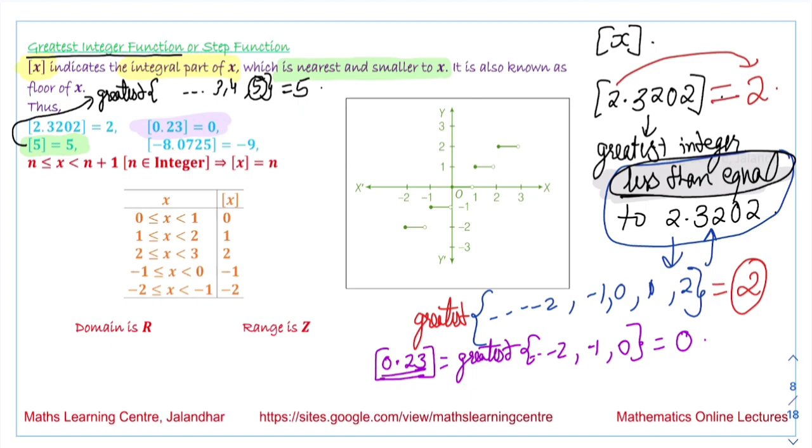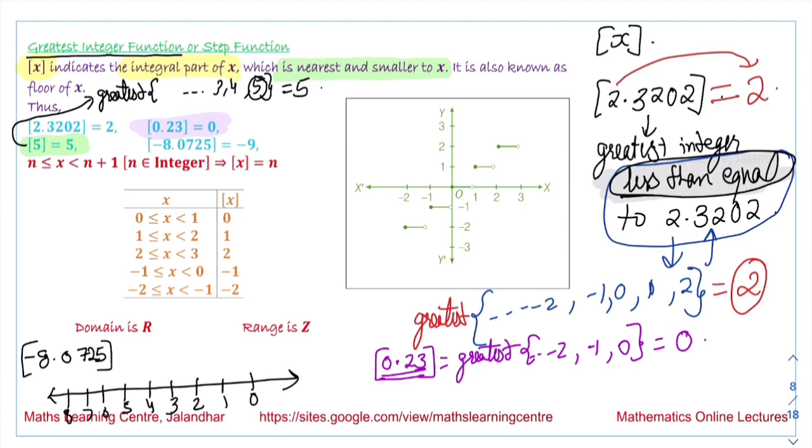Now the next example we are talking about is minus 8.0725. If we draw the number line, this is 0, 1, 2, 3, 4, 5, 6, 7, 8. These are negative numbers we are talking about: minus 8, minus 7, minus 6, minus 5, minus 4, minus 3, minus 2 and minus 1.